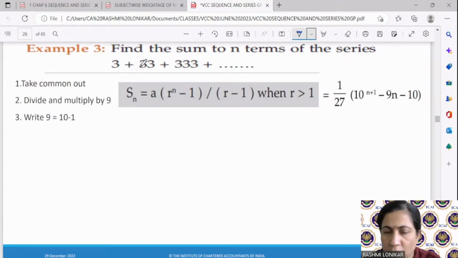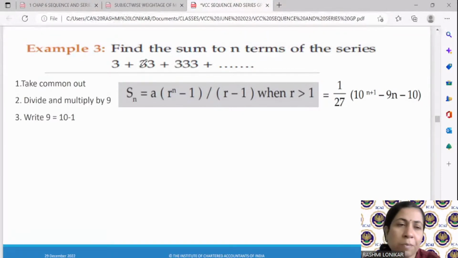So now let us go to the next sum, which is this typical sum 3 plus 33 plus 333.